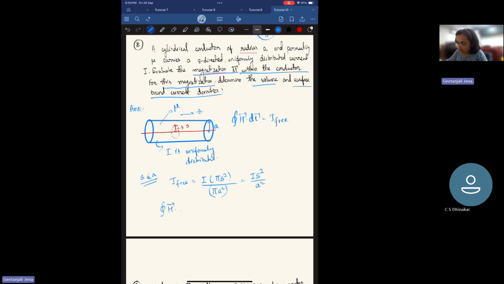Then H times 2 pi S is I S squared by A squared. So H is I S by 2 pi A squared, in the phi direction.